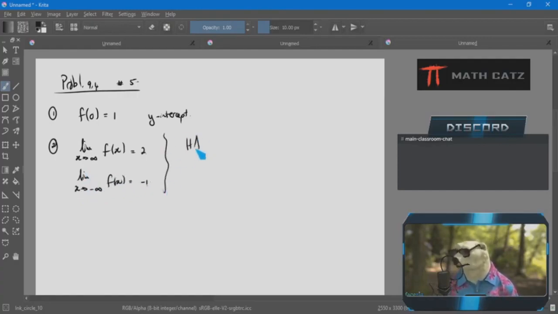So that means I have 2 horizontal asymptotes: y equals 2 on the right, and the line y equals -1 on the left. All right, that's interesting. So at this stage, maybe I can get a graph going here. We have enough interesting things to put on the graph.